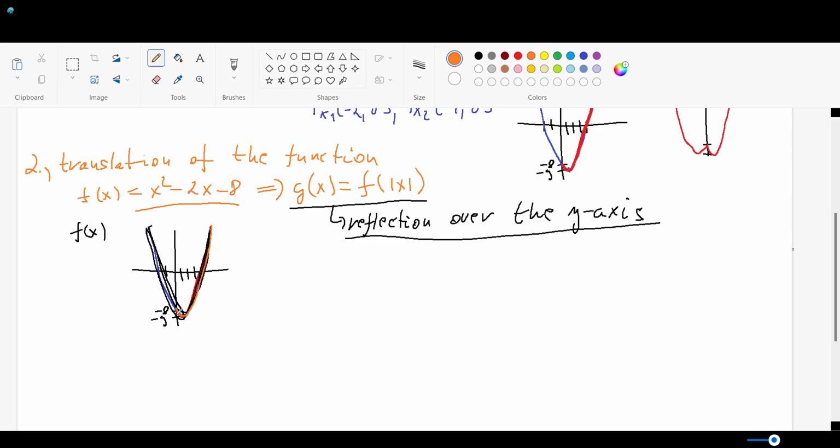What does it say? We already know that to do the reflection over the y-axis, you take this part of the parabola and you reflect it over the y-axis, which is this one. So the procedure is, if you would put a mirror here instead of the y-axis and you look into the mirror from this side, what would you see?